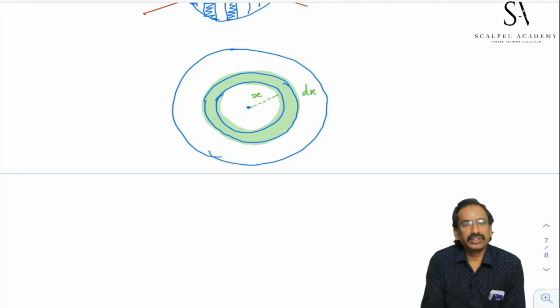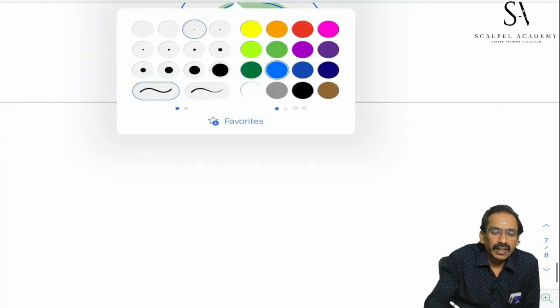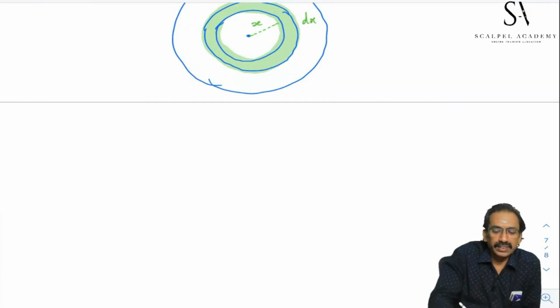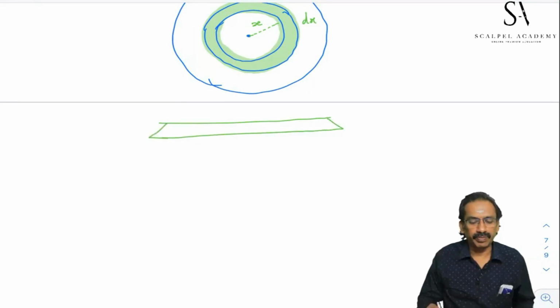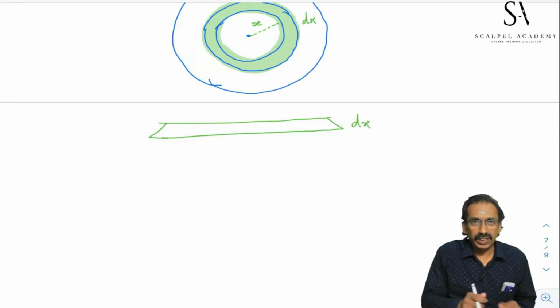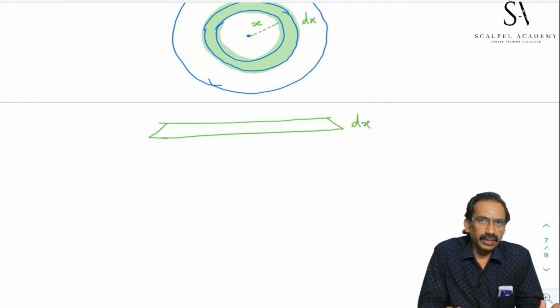Area of this shaded portion I am going to calculate. For that, I can cut this element and stretch the element like this. Less is the thickness of this element dx, more is the straightness of this elemental area. There will not be any curve there, but you can straighten it perfectly.